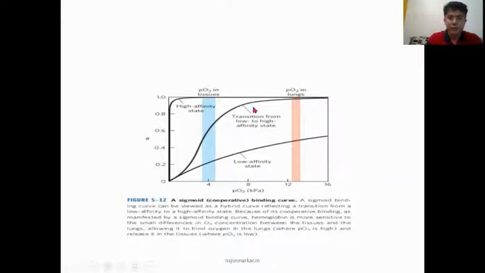So hemoglobin is a better oxygen transporter protein compared to myoglobin, which is found in the muscles.